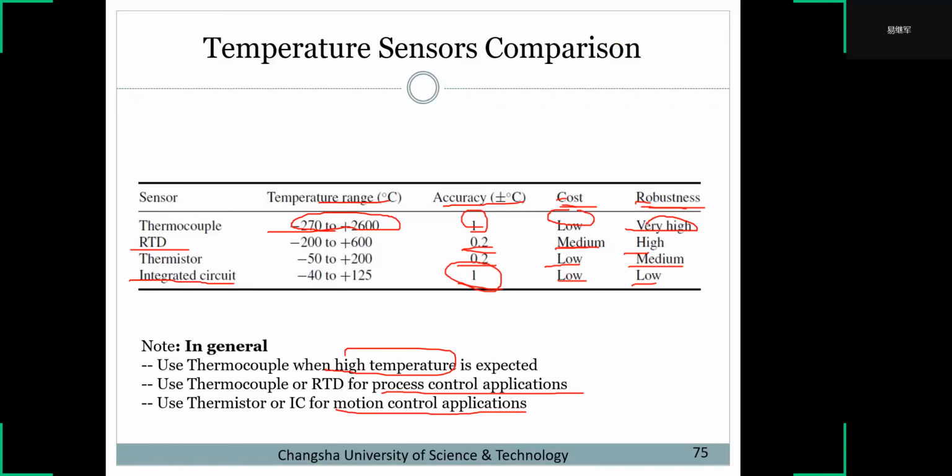These are the comparisons between the temperature sensors.